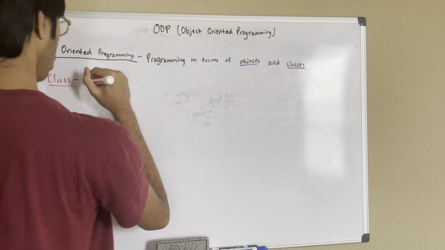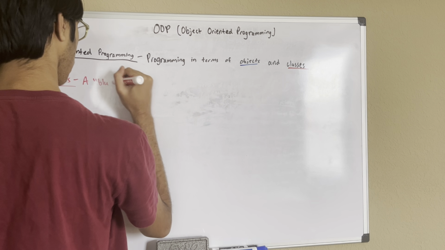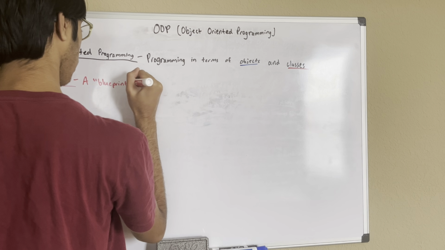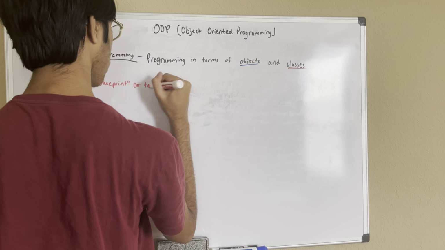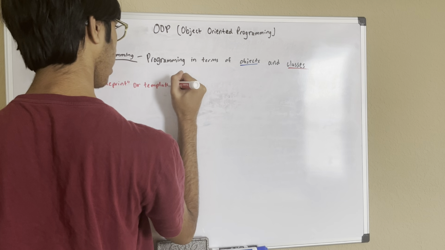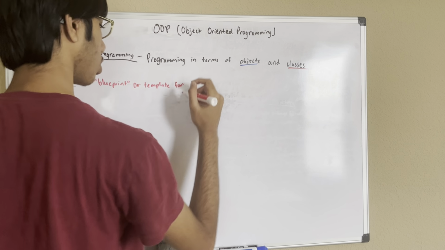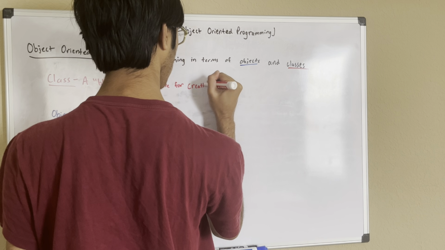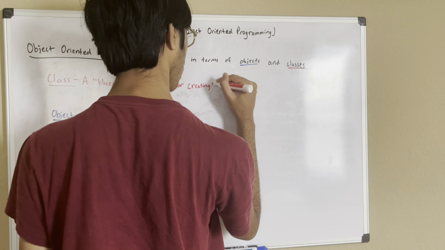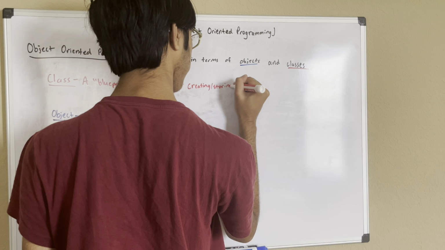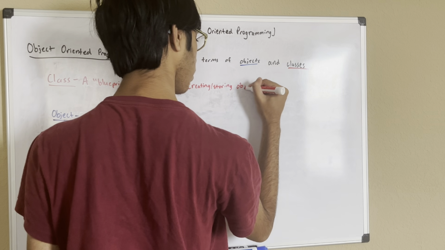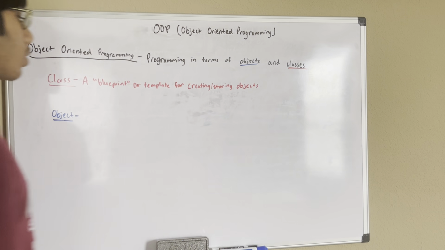A class is just a blueprint or template for creating objects. That's literally what a class is.